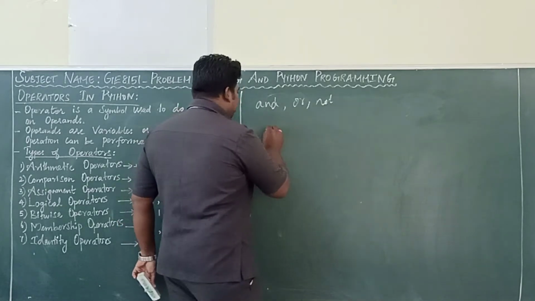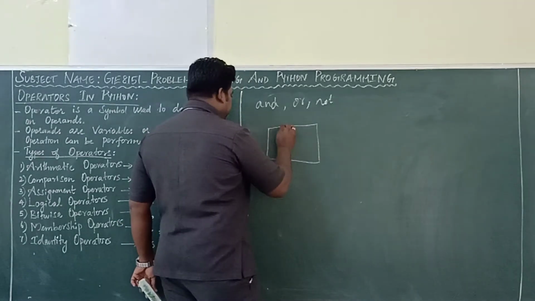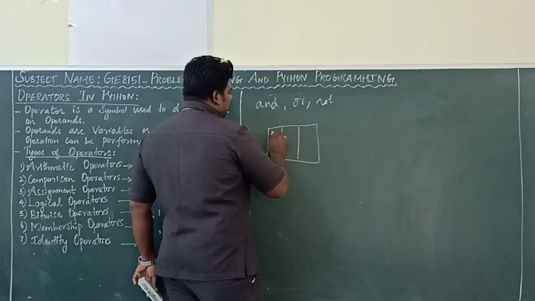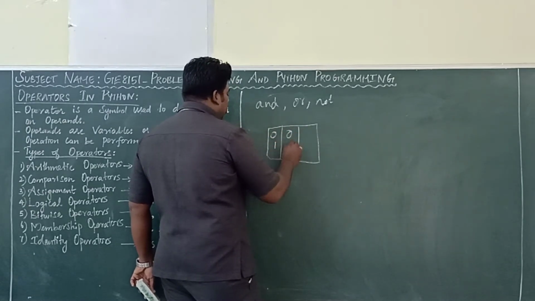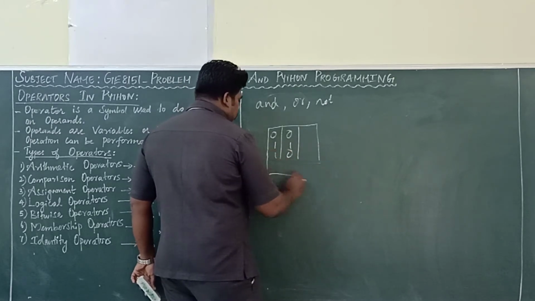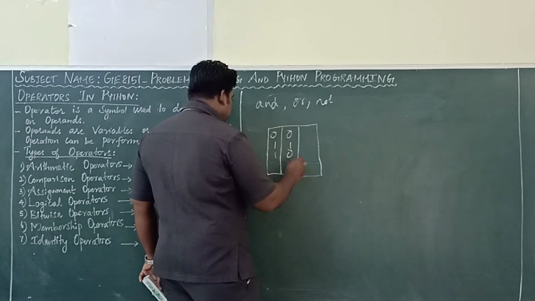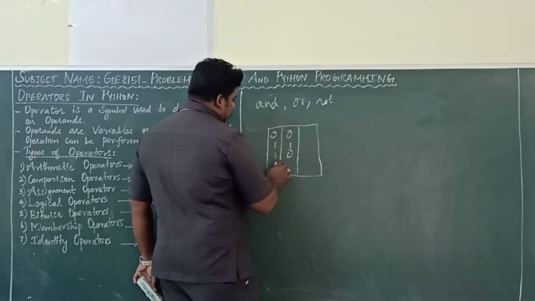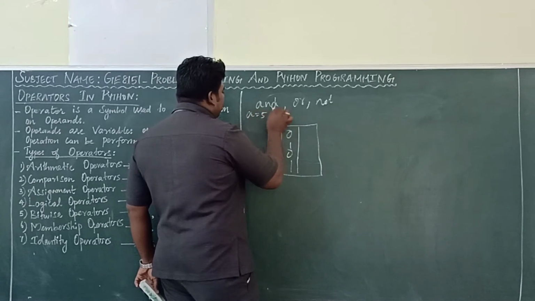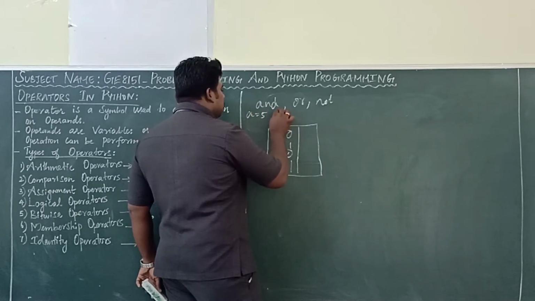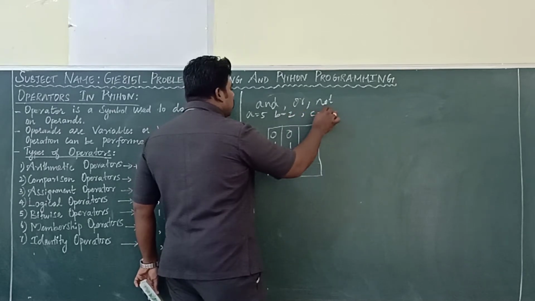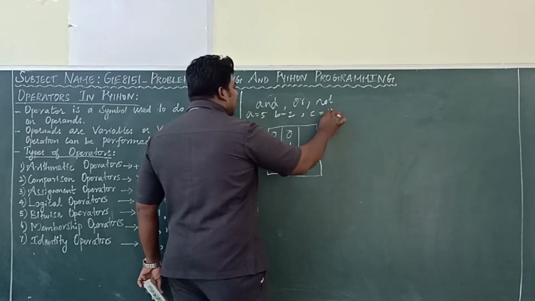Okay, so for example, I am giving one truth table here: 0 0, 0 1, 1 0, 1 1. Here A equal to 5, B equal to 2, C equal to 10.